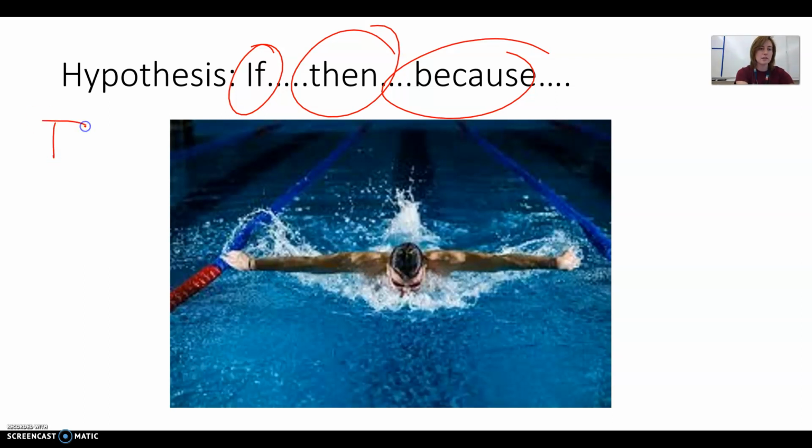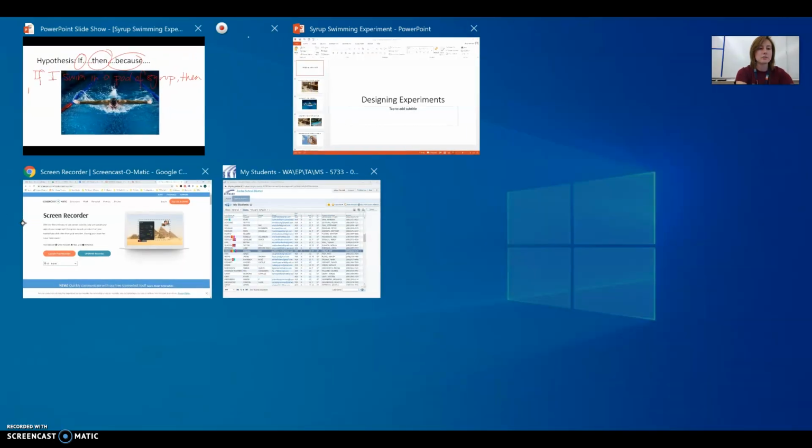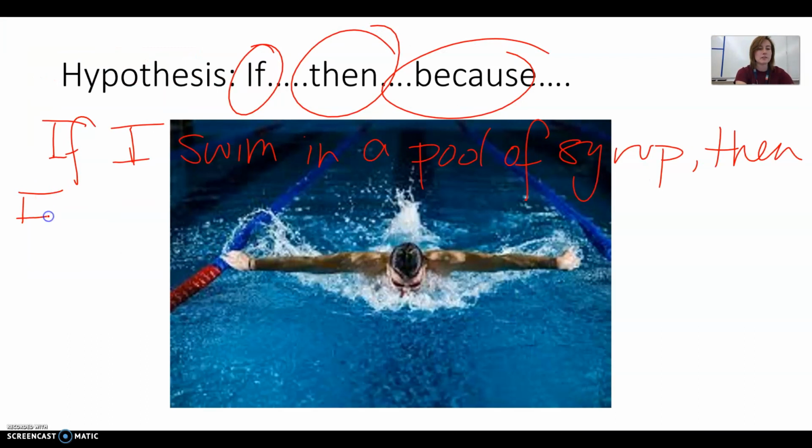So I'm going to start out with if. It could be something like, if I swim in a pool of syrup, then, and then I'm going to say what I think would happen. Then I will be slower. Having stylus issues.